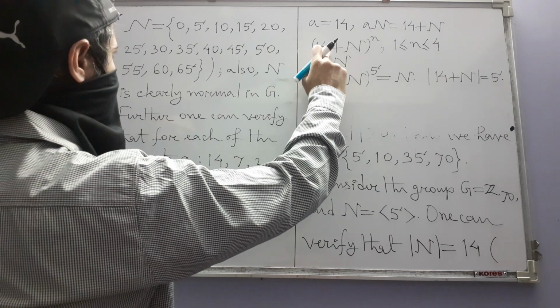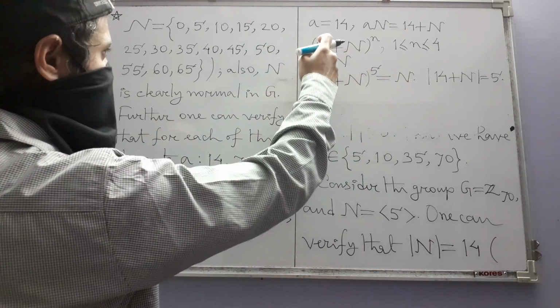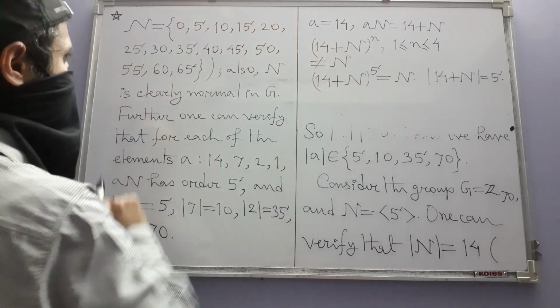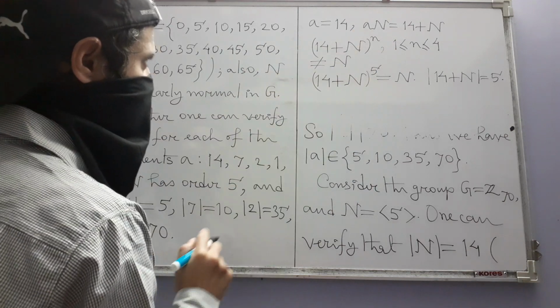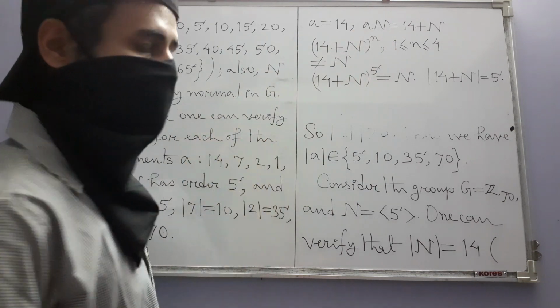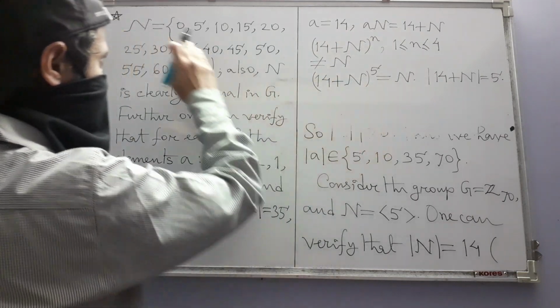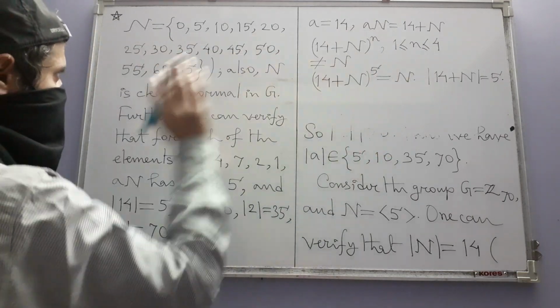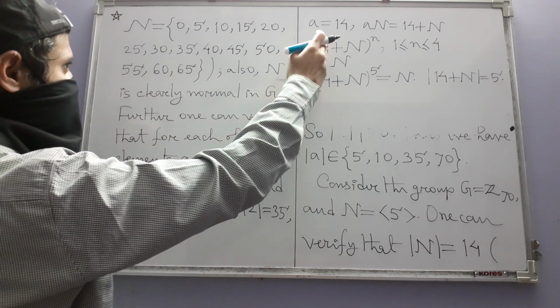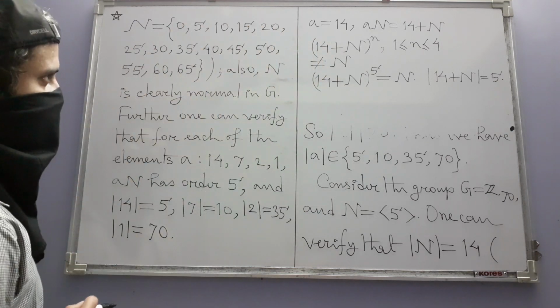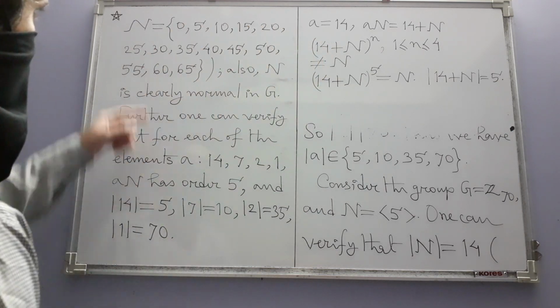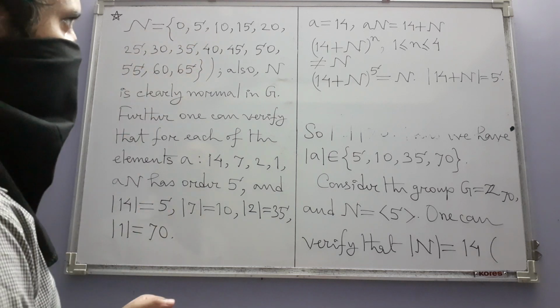So when you add 14 with 0, in this set 14 plus n, when you write that coset down, then 14 itself will be an element. Now, do you see 14 here anywhere?